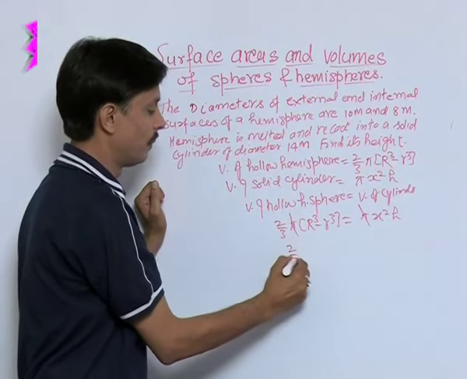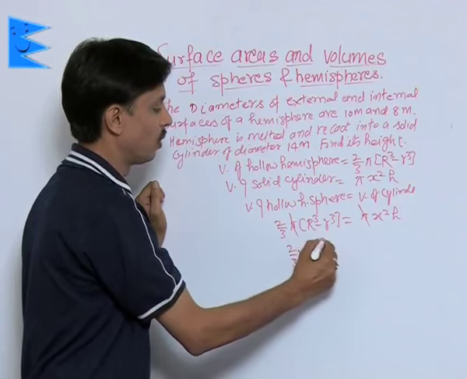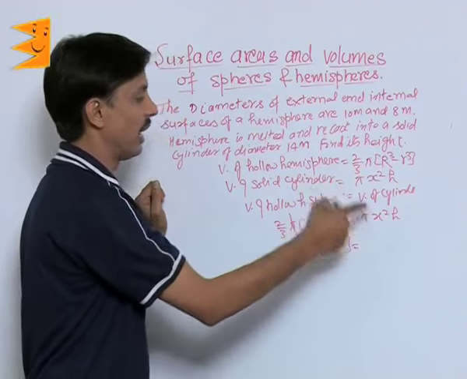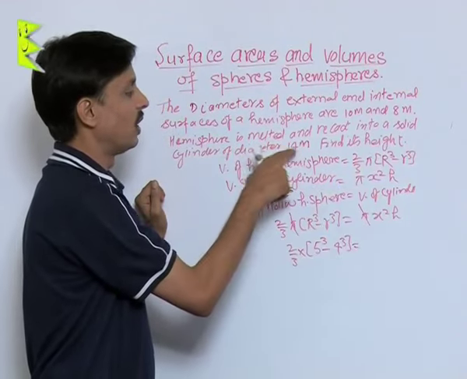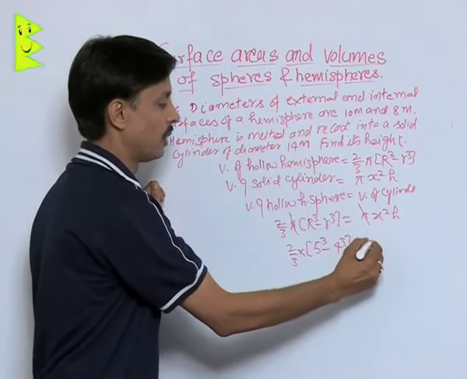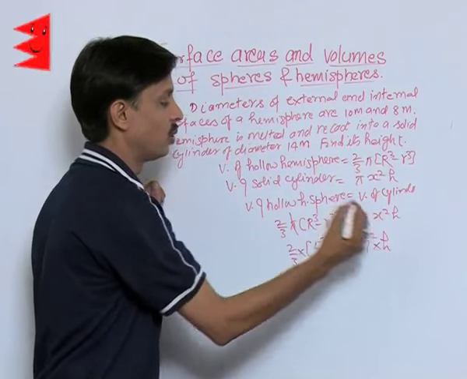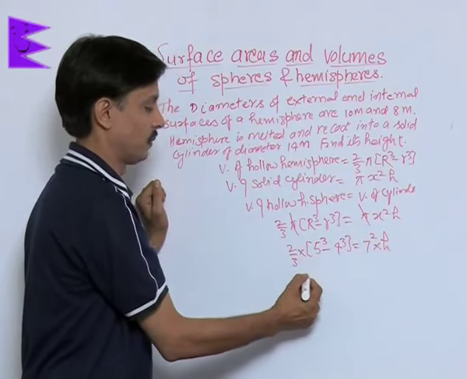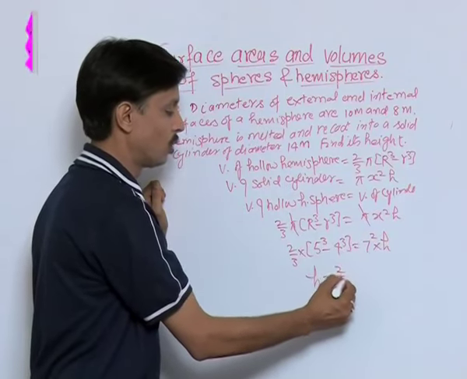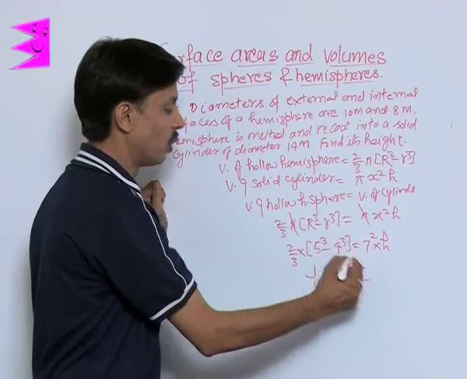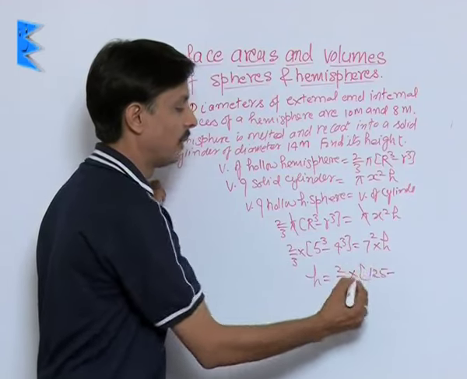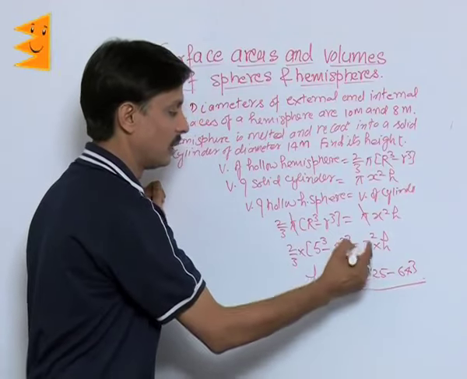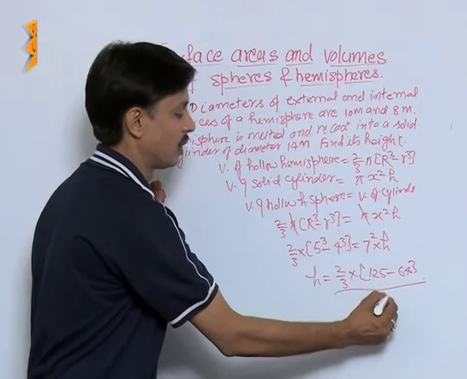So this becomes 2 by 3 into (5 cube minus 4 cube) is equal to x square. Diameter of the solid cylinder is 14. So this becomes 7 square into h. So what can you call the value of h? H is equal to 2 by 3 into (5 cube is 125 minus 4 cube is 64) divided by 7 square, that is what?